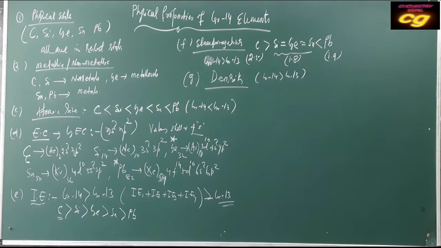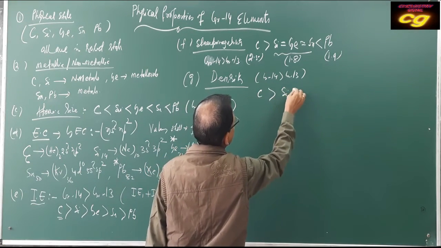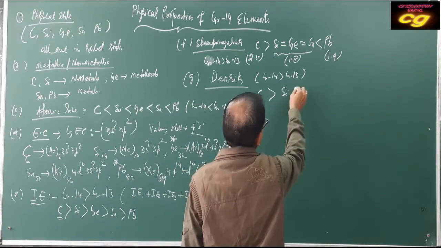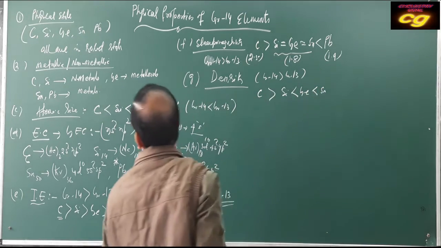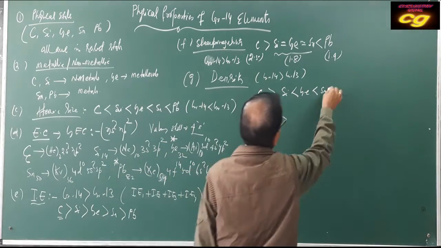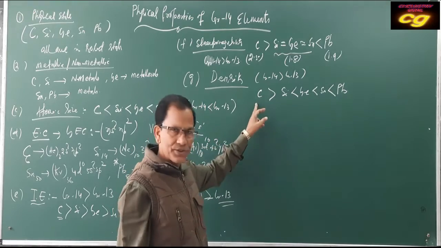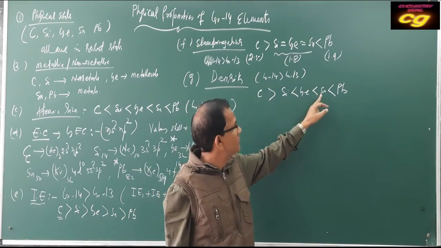And the density order is carbon greater than silicon. Silicon is less here, then silicon, germanium and tin. Up to tin it is in increasing order. Carbon is maximum, then silicon, then germanium, tin and lead.